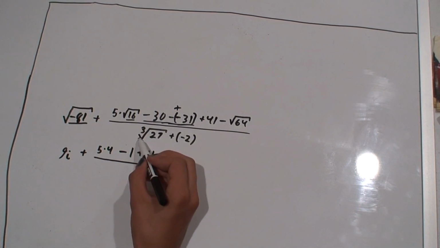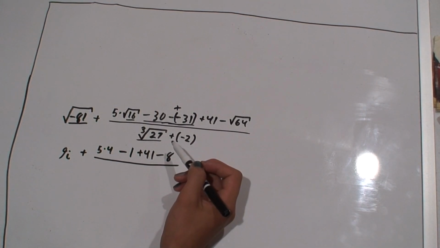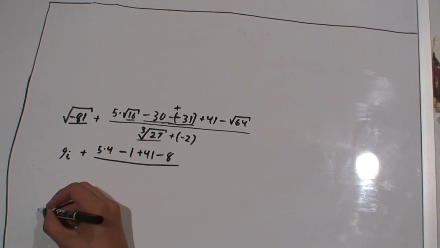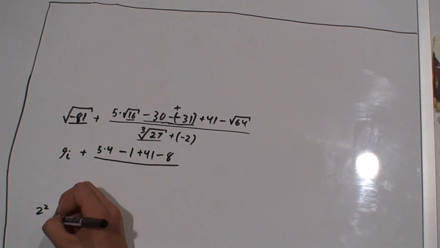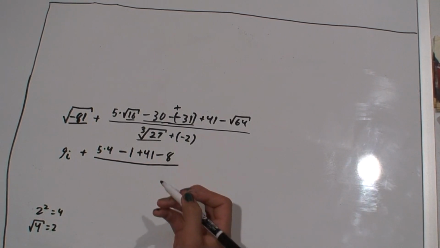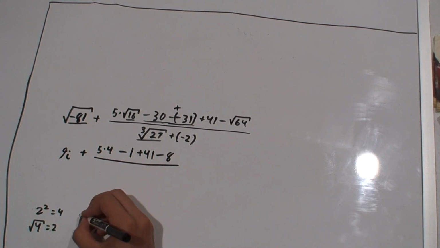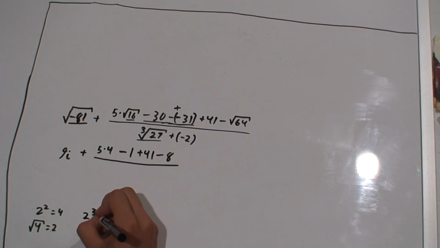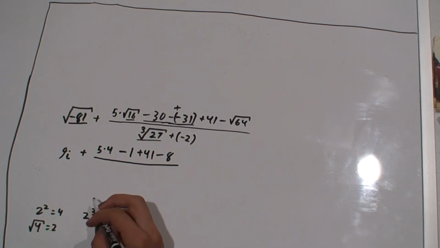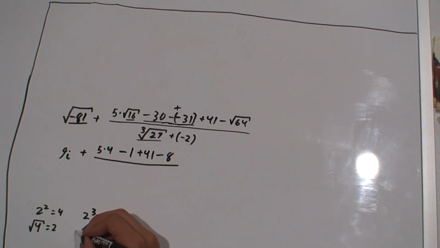now we have something we probably haven't seen before. It is a cube root. It just means, say you have 2 squared is 4, and then you take the square root of that number, which is 4, and you would get 2. It's the same way if you have 2 cubed, you would get 2 times 2 is 4, times 2 is 8. So the cube root of 8 would be 2.